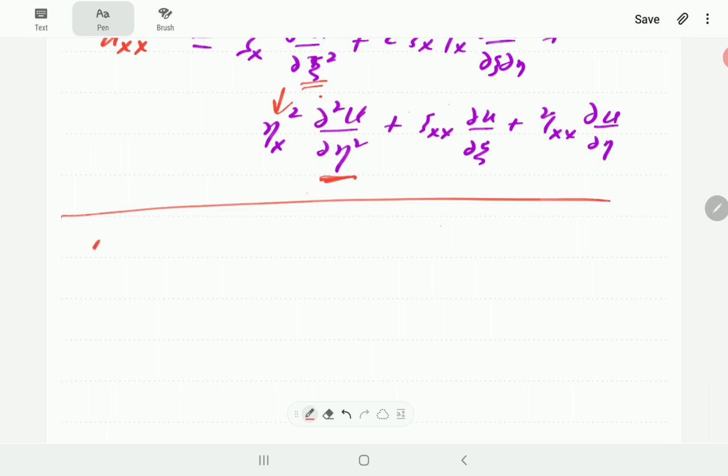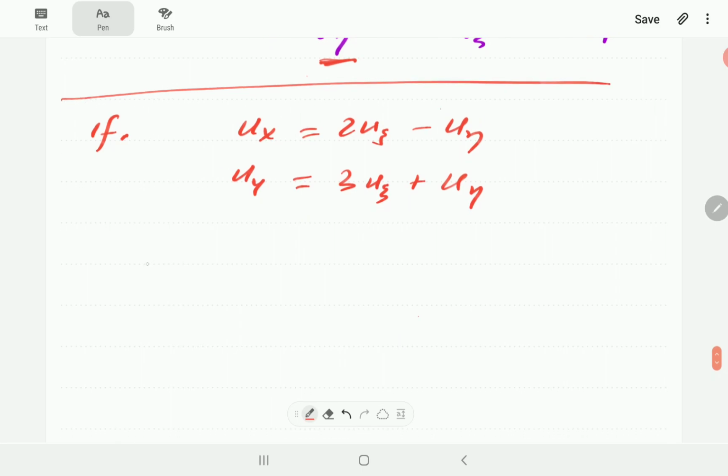What does this mean? This means if, for instance, u_x is 2u_xi minus u_eta, and u_y is 3u_xi plus u_eta, and mind you, these coefficients are constants.